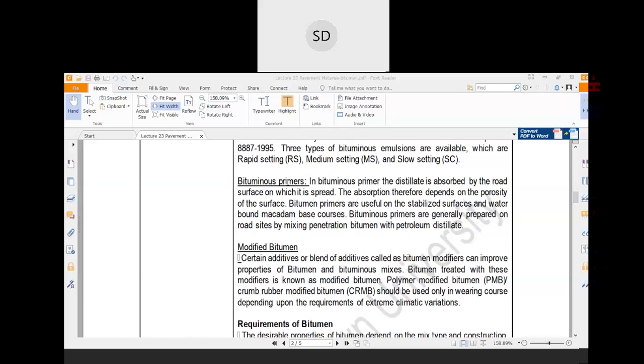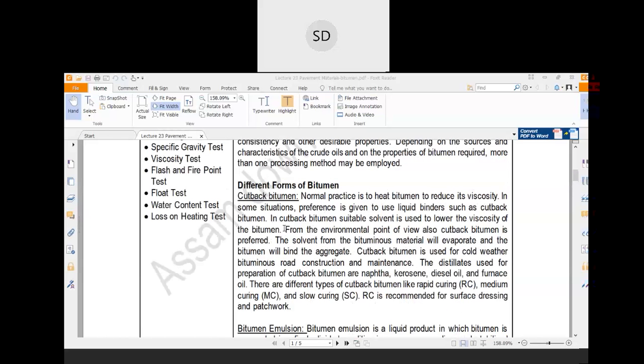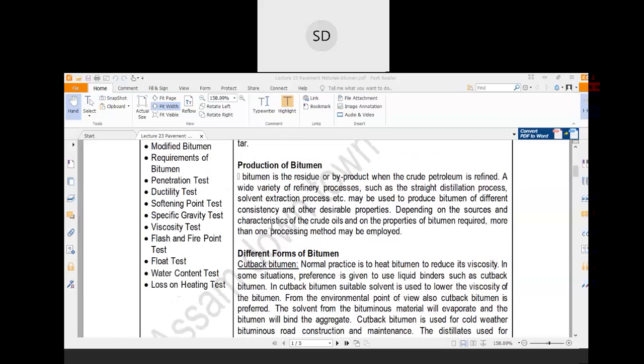Then crumb rubber modified bitumen, where some rubber materials are used with the bitumen to modify different properties of the bitumen, or in some cases to reduce the cost of the construction for the bituminous material. Okay, these are the different types of bitumen content which are used in road construction.